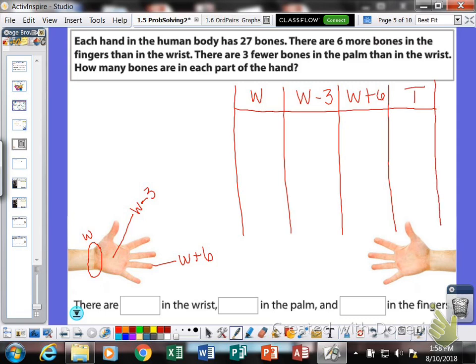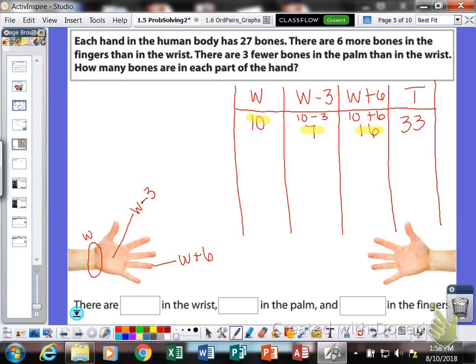So we just pick a number. I'm going to start with 10. 10 is an easy number. So if there were 10, 10 minus 3 is 7. 10 plus 6 is 16. And if I add the 10, the 7, and the 16, I get 17 plus 16 is 33 bones.